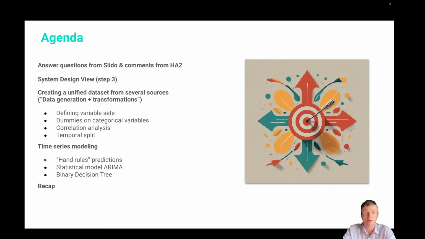And finally, we will talk about binary decision tree. There are many other models that won't be covered in this lecture, and I'll list some of them so that if you want to go further and try more binary models, neural networks, or some of the more advanced models, feel free to do that. And we'll finish with recap.